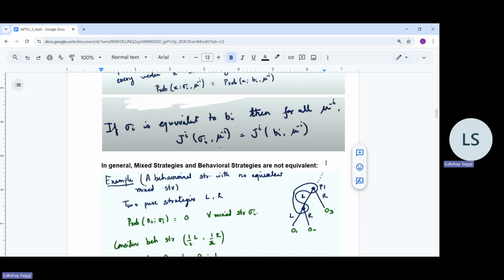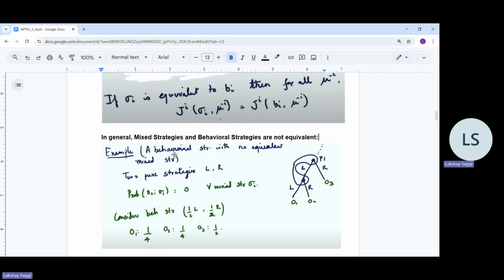I'll be discussing a behavioral strategy in a game tree which won't have any equivalent mixed strategy. Similarly, another example in the lecture was given of a mixed strategy which has no equivalent behavioral strategy.